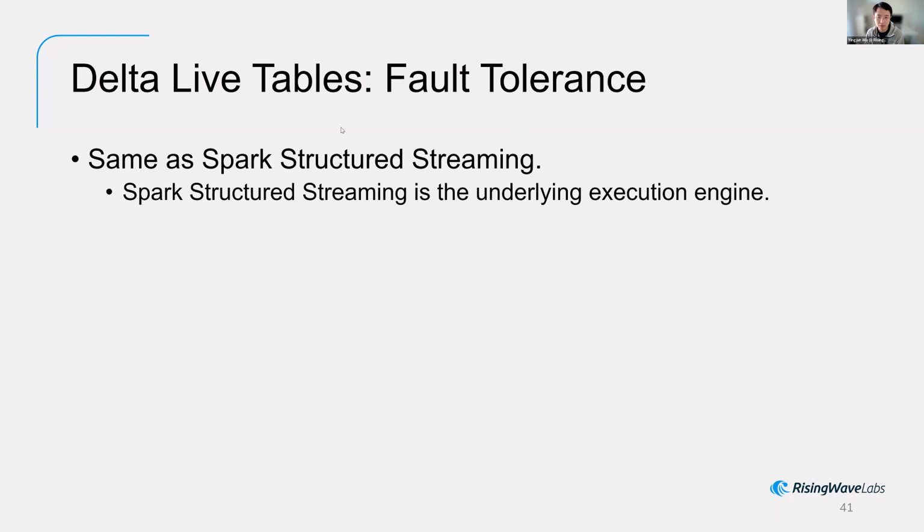Or at least I cannot say instantly, but you can recover in parallel, because it's basically recovering from a bunch of mini batches. And in terms of dynamic scaling, similarly, it uses structured streaming as the underlying execution engine, so it supports parallel recompilation and dynamic scaling.